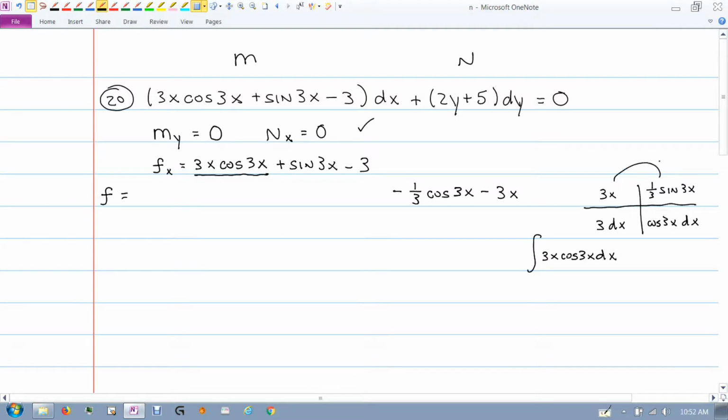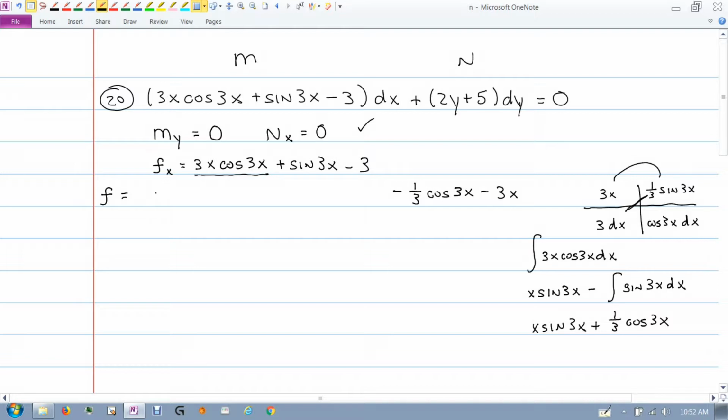So I'm going to have this times this, which is just going to give me x sine 3x, and then minus the integral, and now I multiply these two, so I just get sine 3x dx. So now I've got x sine 3x, and the antiderivative of sine 3x is negative 1/3 cosine 3x, but I already had a negative out here, so it becomes plus 1/3 cosine 3x.